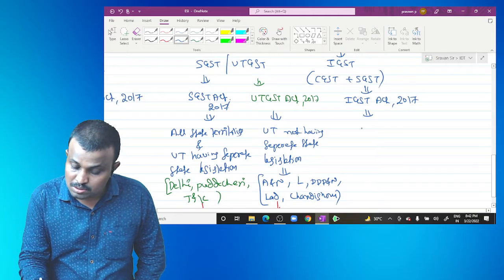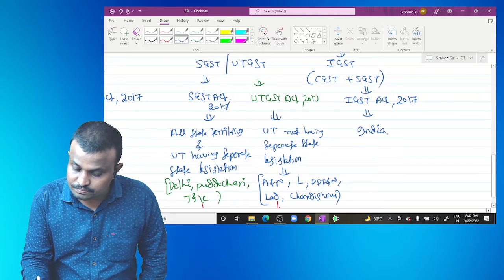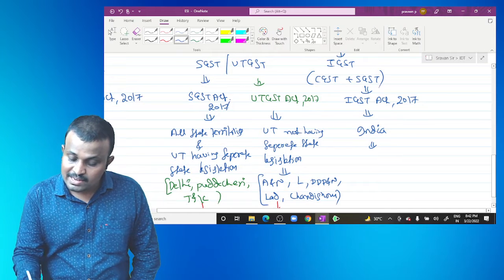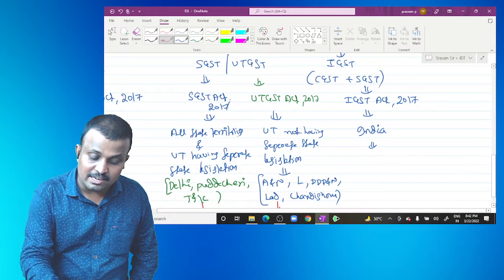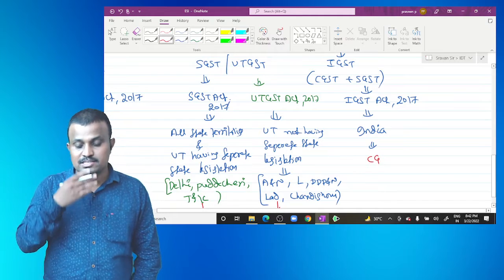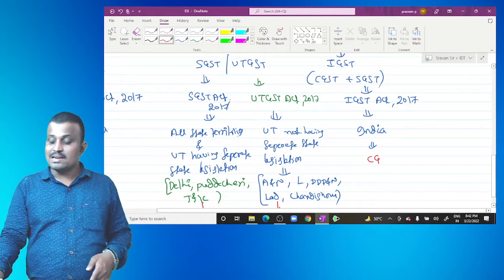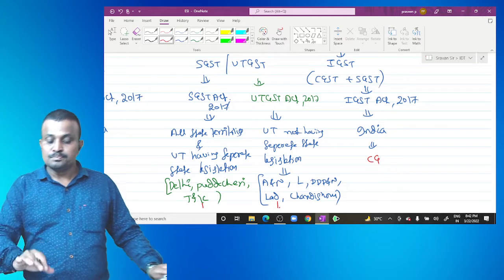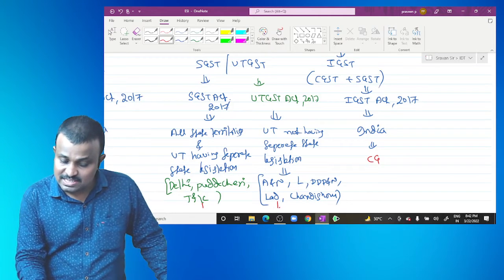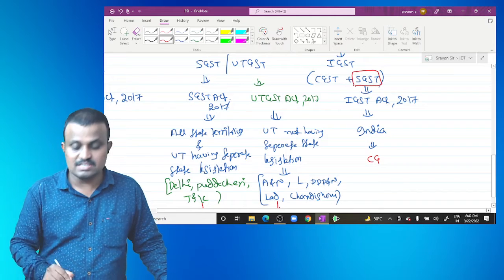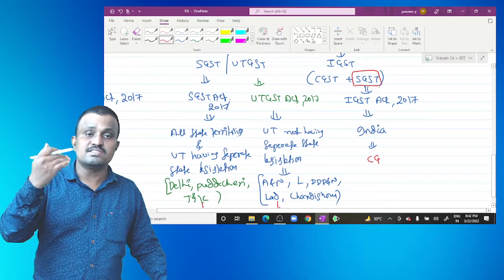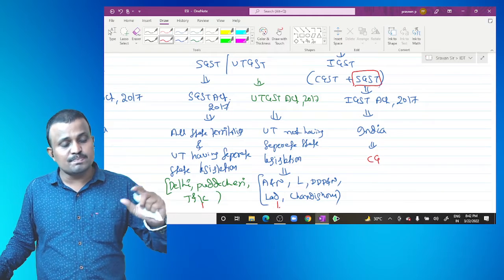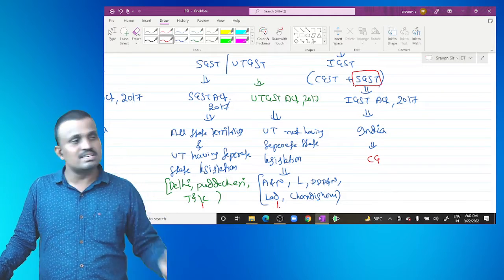It applies to whole India, and it is levied and collected by the central government. Later, the SGST component in the IGST is transferred by the central government to the state government. How the respective component is transferred, we'll discuss in later classes.